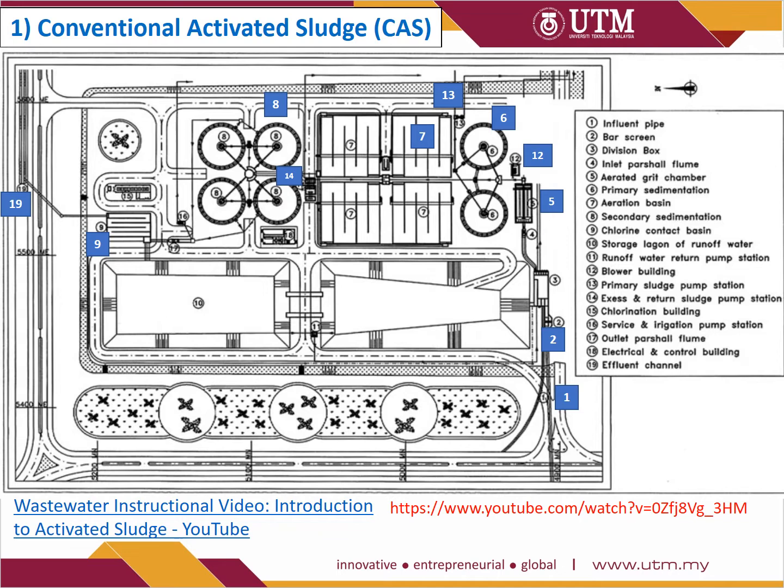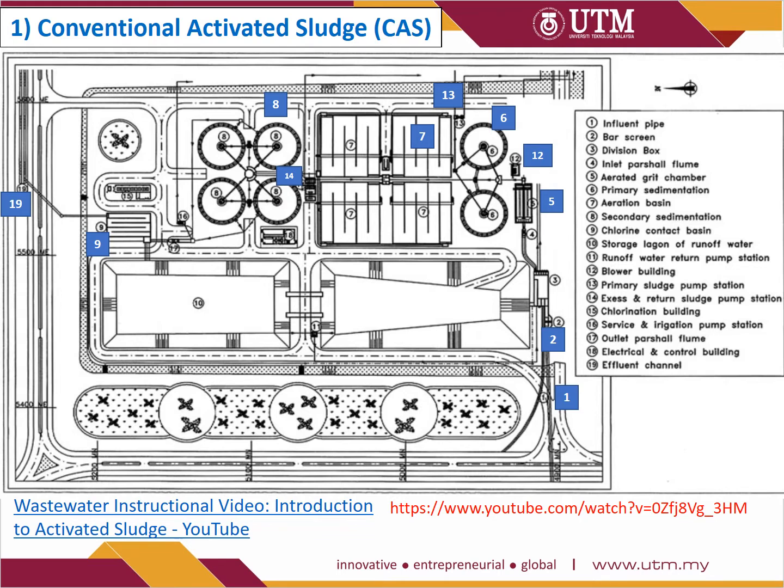Number 6 is primary sedimentation. Firstly, this will sediment the large solids, and the sludge will be disposed of as a desludging process. Then the liquid will come into the tank with aeration, bubbling. Then it will go into the second stage of sedimentation, and number 8 is secondary sedimentation.